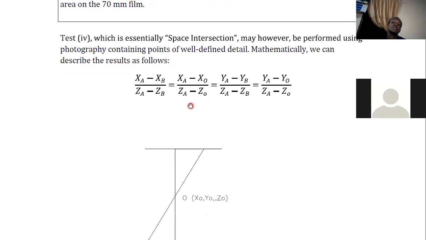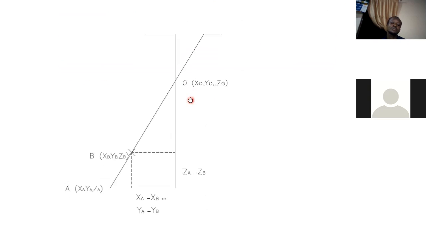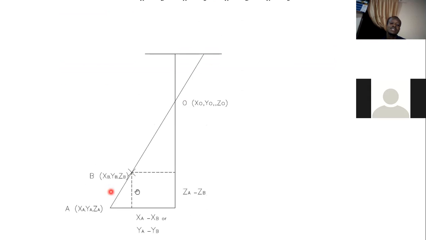We should be able to relate them. So in that case, this is the ground. Up here, we have the perspective center. We have this ground point B with these coordinates, and then we have the other point A.